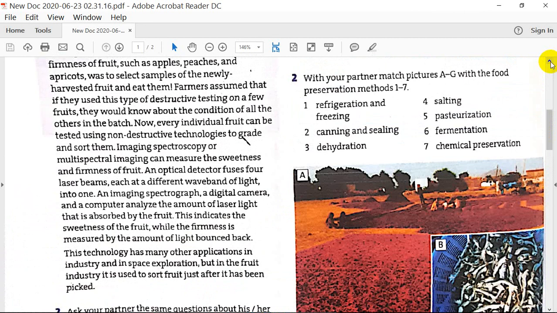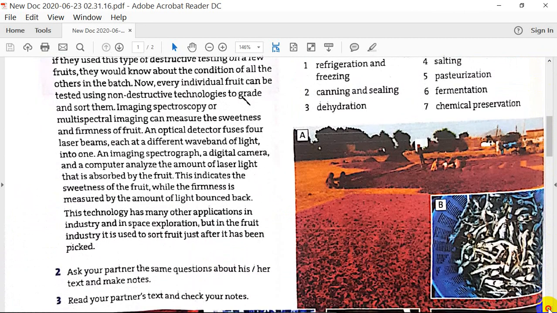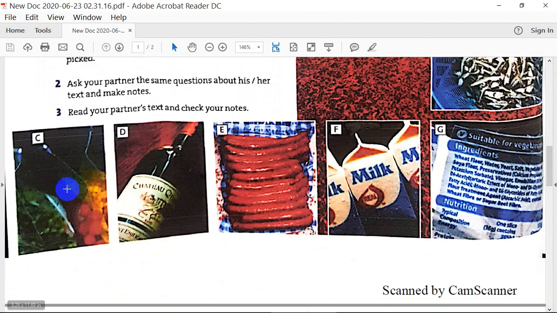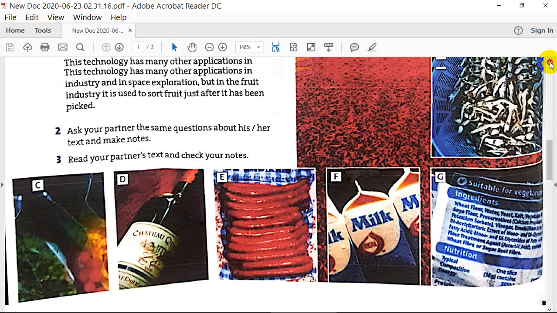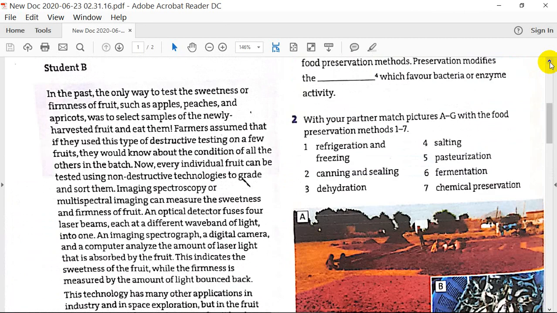Canning and sealing, we can use this with picture C, how to keep things in cans and keep them what? Without air.